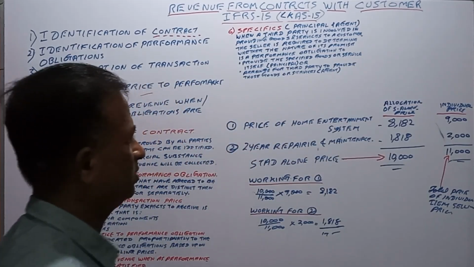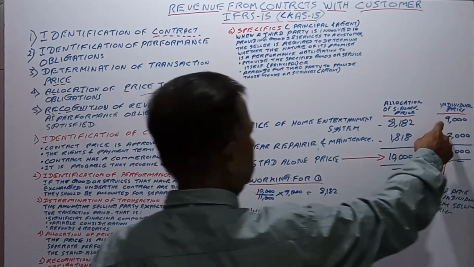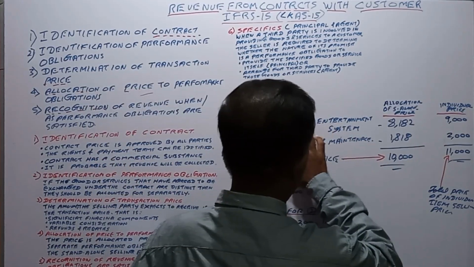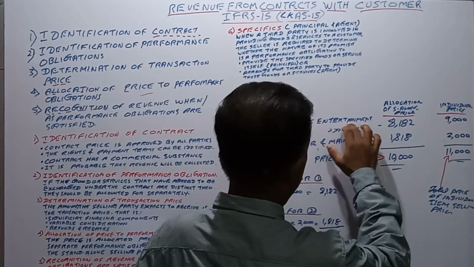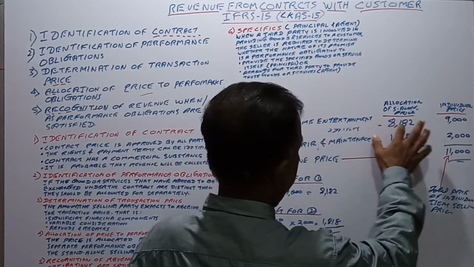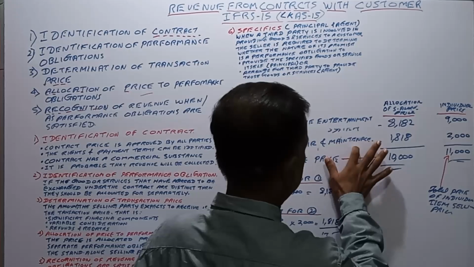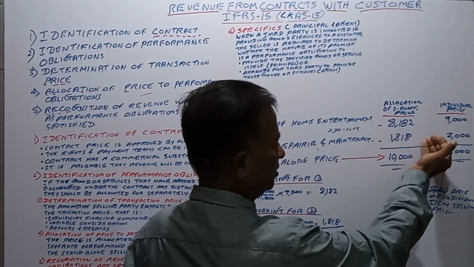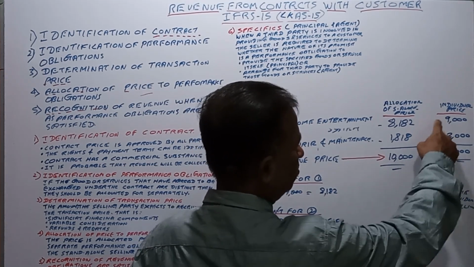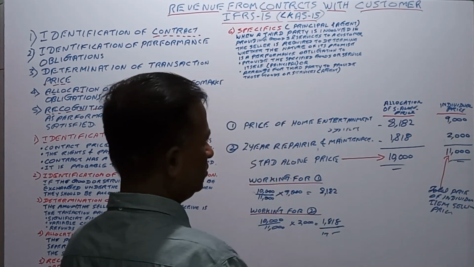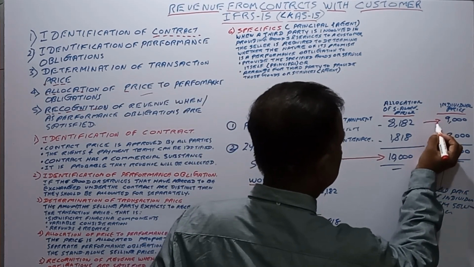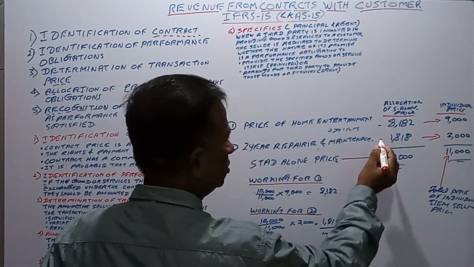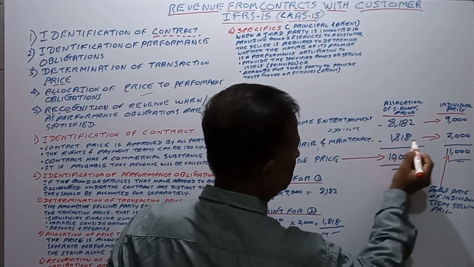So the price of the entertainment system is 8,182 and the 2-year maintenance is 1,818. If you go for individual purchasing, you will have to pay 9,000, and instead of 1,818 you would have to pay 2,000.